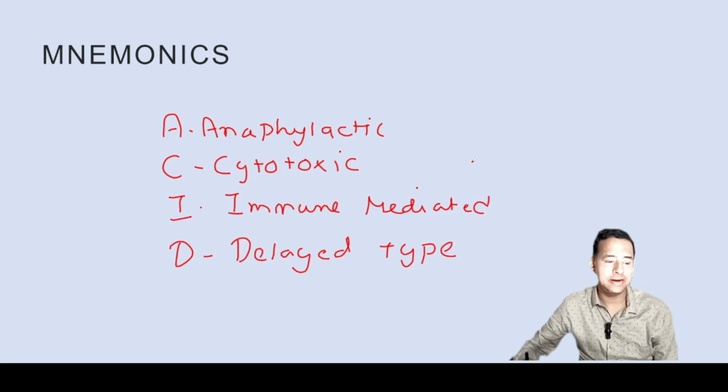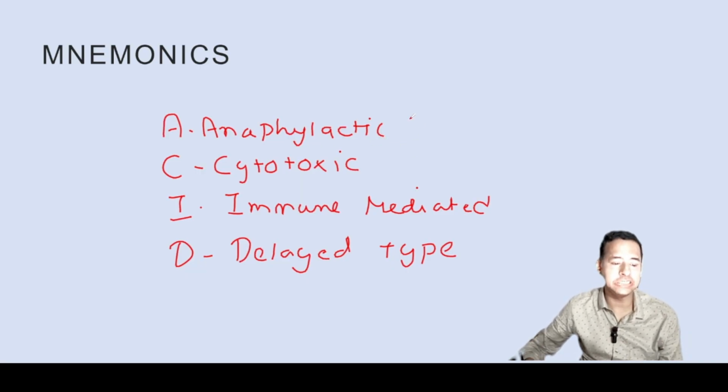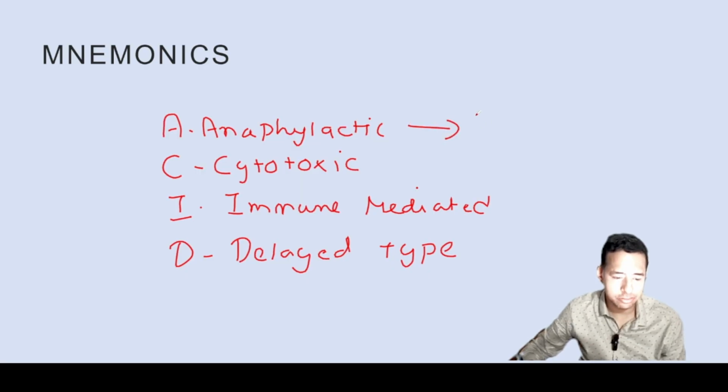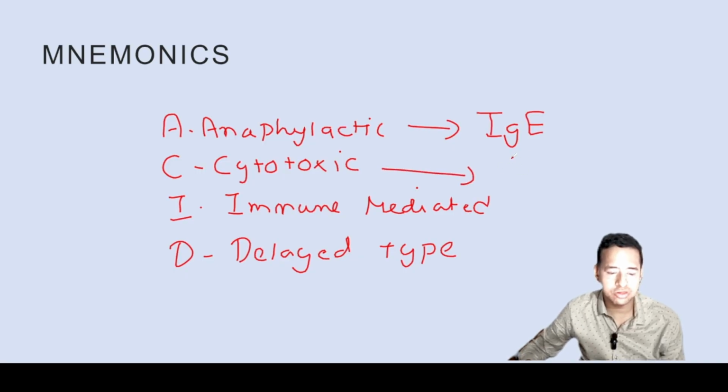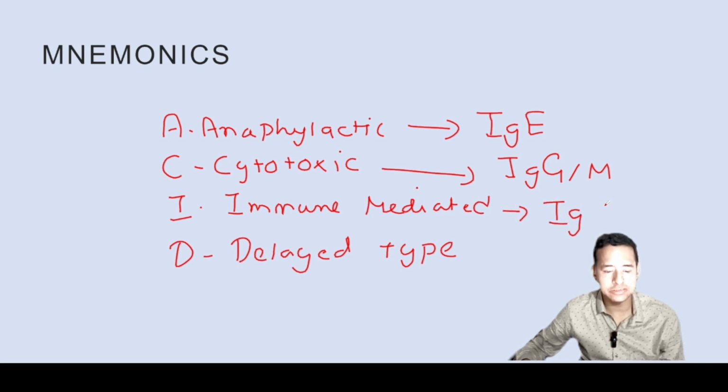I would also like to tell you one more thing: in ACID EGGT, anaphylactic corresponds to IgE, immunoglobulin E, and cytotoxic corresponds to IgG and M. Okay, same thing with immune mediated, which corresponds to IgG and M. Finally, delayed type corresponds to T cell mediated.